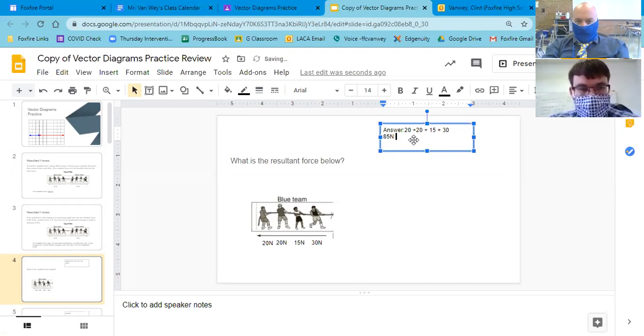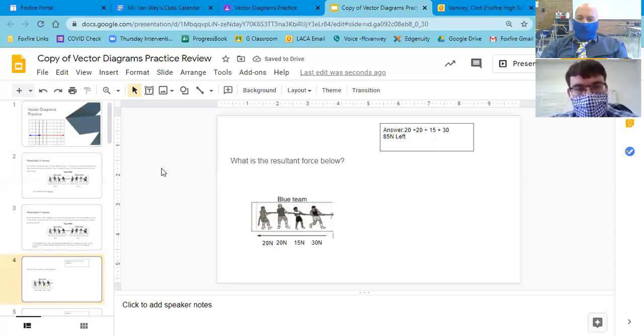I'll just write left because that arrow is kind of small. 85 newtons to the left. Does anyone have any questions about how I found the resultant force here? Forces were all acting in the same direction. Because they were acting in the same direction, they get added together.